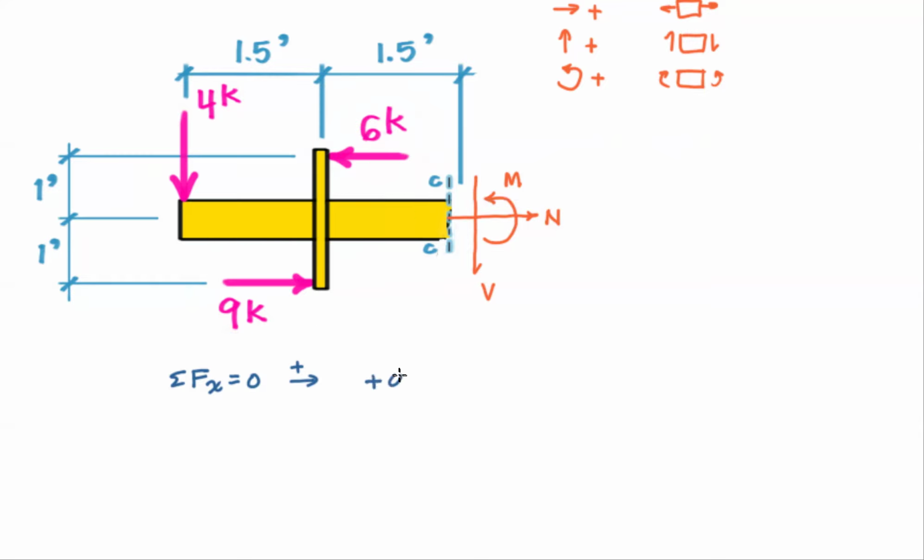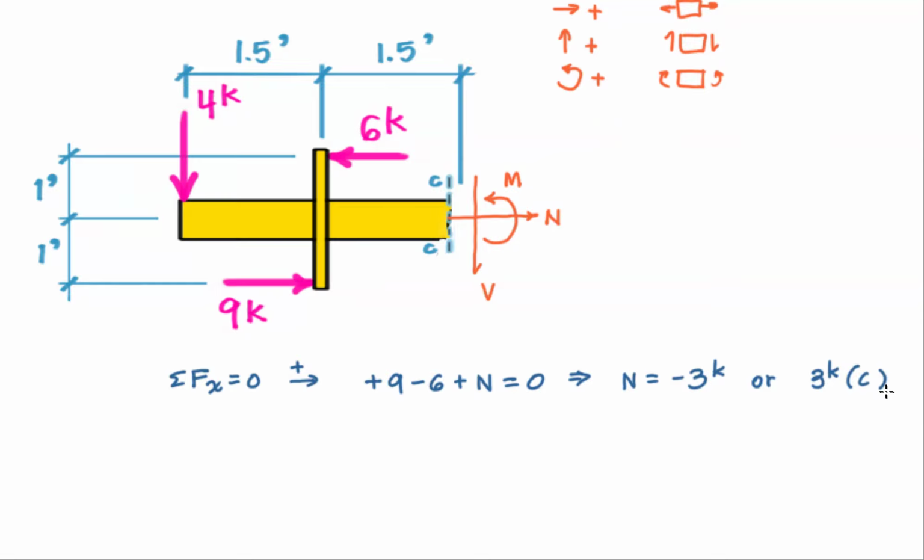So positive 9 minus 6 plus N is equal to 0. On the left side, 9 minus 6 is 3. Move it to the other side, I get N equals negative 3 kips. We could also express that as 3 kips of compression. Those are the two ways to express that idea.